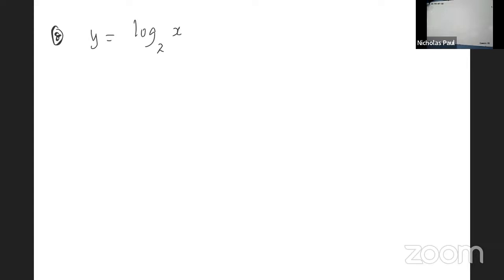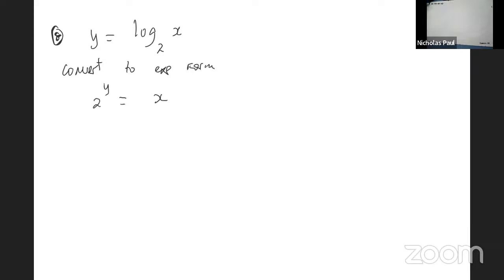That's one option. The next thing we could do is this. Watch this here. We could convert to exponential form. And you'll get 2 to the y is equal to x. When you convert to exponential form, you'll get 2 to the y is equal to x.